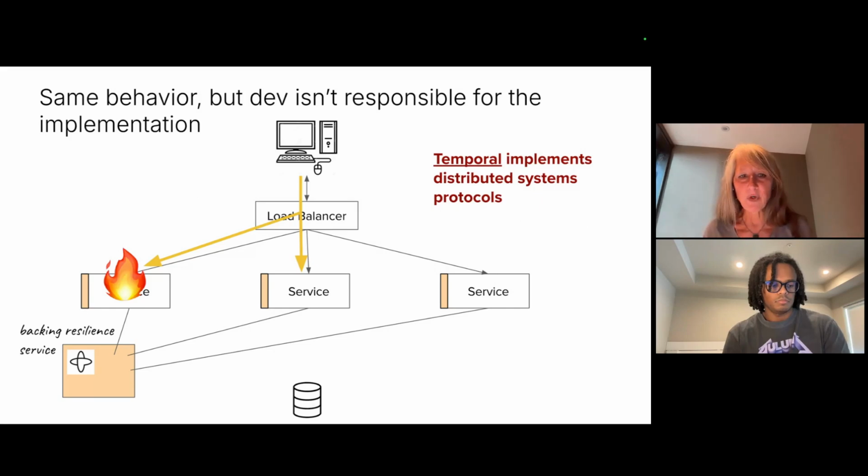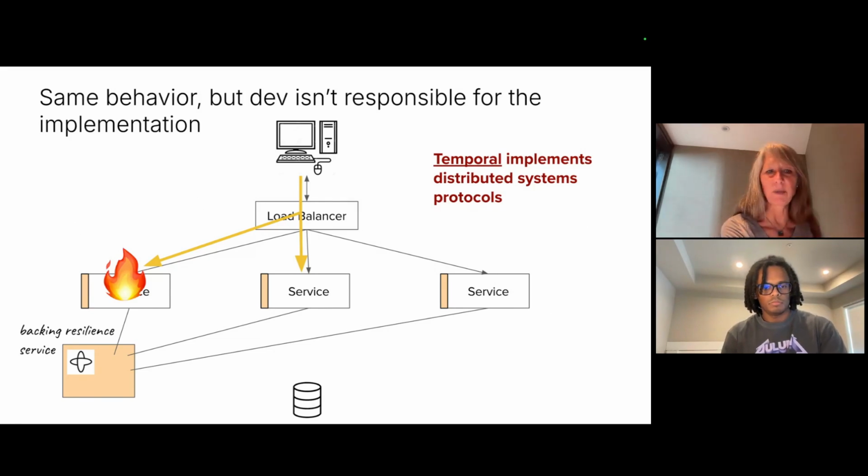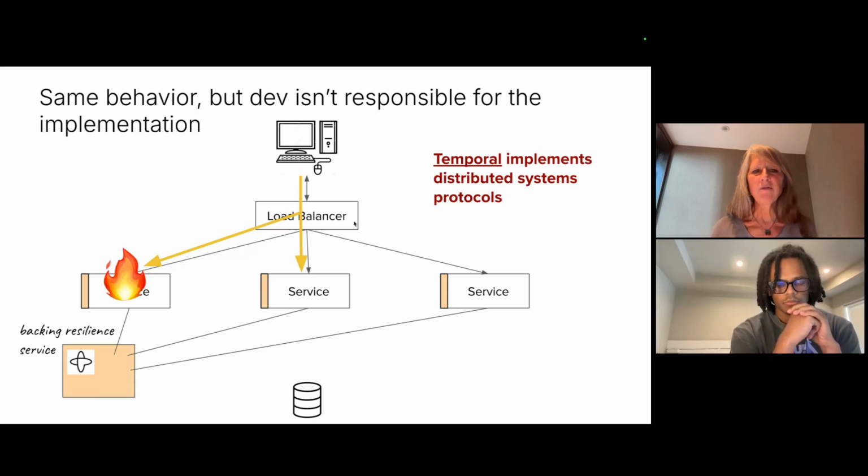So here's what Temporal does. Think of Temporal as a backing service, just like Redis or Kafka would be a backing service. All of your scale out services are connected to that backing service.